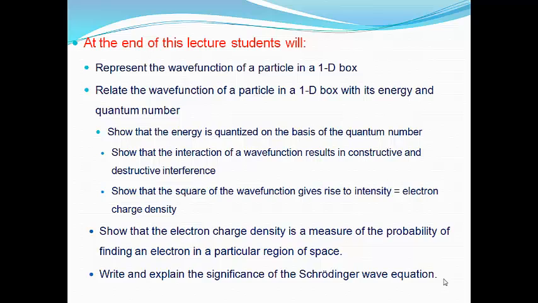And then introduce this idea of probability or probability density, where we look at the interaction of more than one or two wave functions, which again describes the motion of the electron, and what the probability of the interaction of these wave functions tells us about the probability of finding an electron within a particular confined region of space. And then to essentially solve the wave function by linking the wave function with the energy that the electron has through the Schrodinger wave equation.